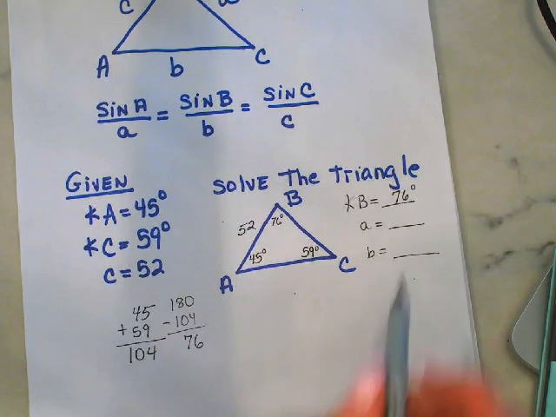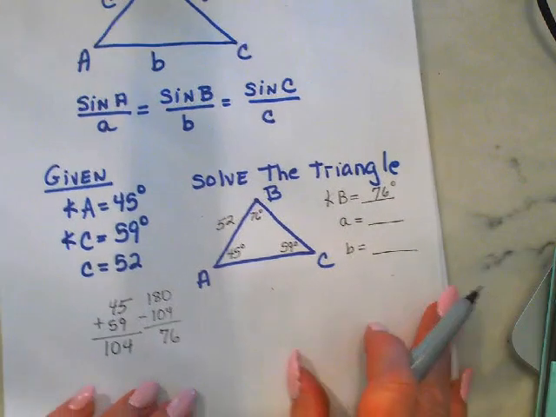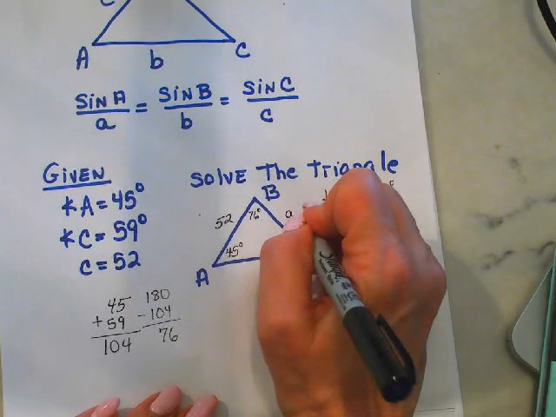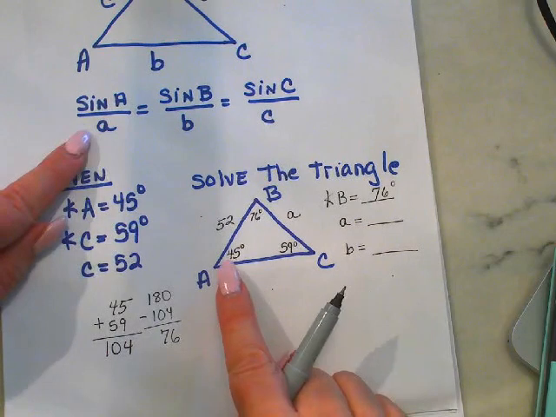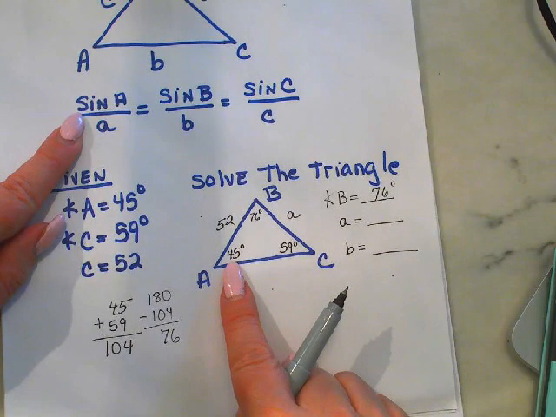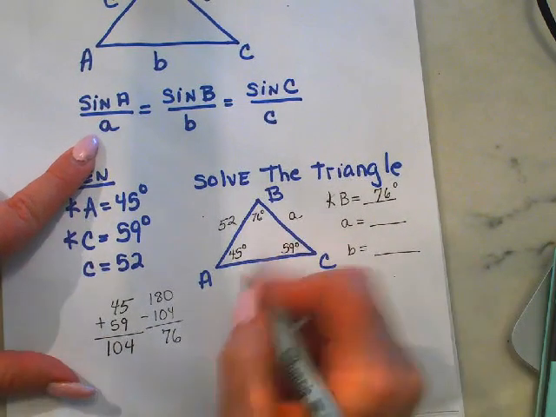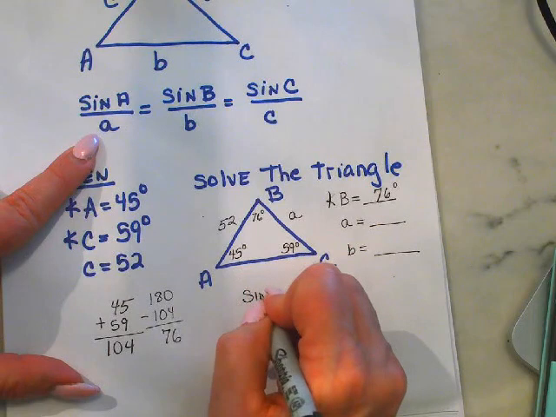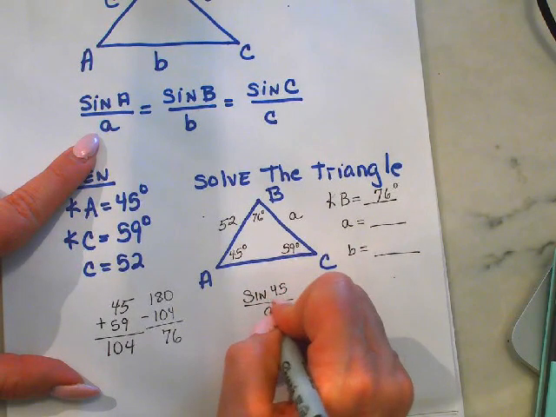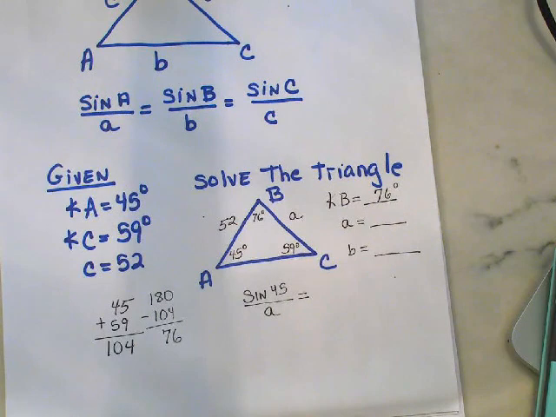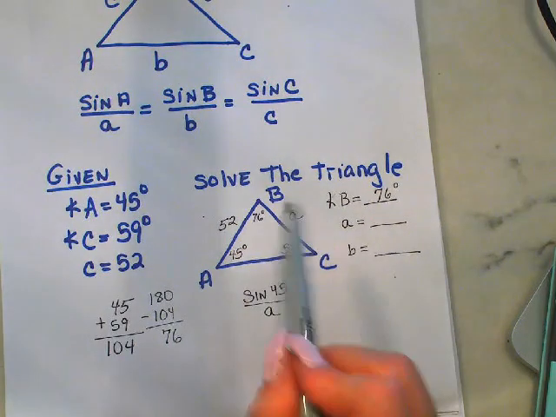All right, so now we're going to solve for the sides. Let's start with little a. I want to find this. Basically, the law of sines says that you could set up a ratio, that the angle is in ratio to its side. So I can write the sine of 45 divided by little a is equal to, now I have to pick one of the other two angles.